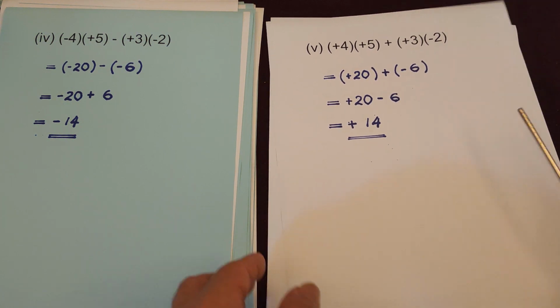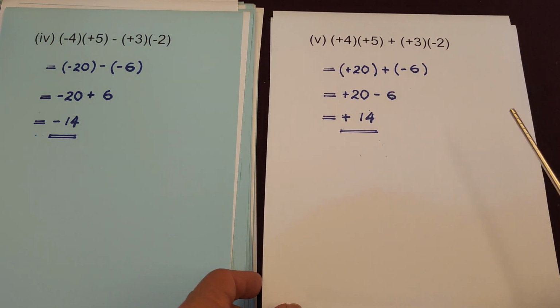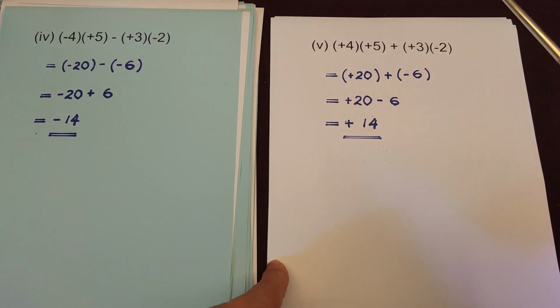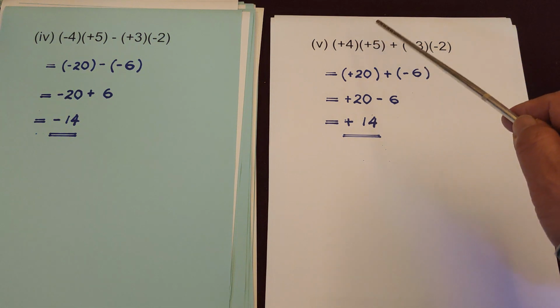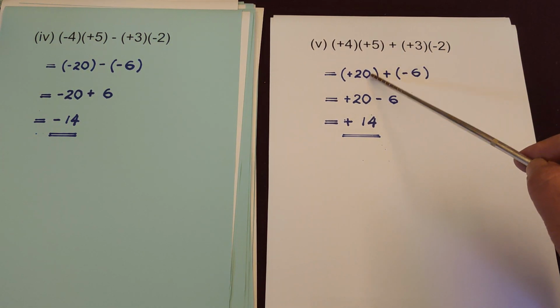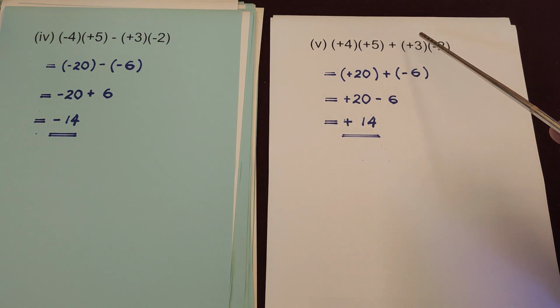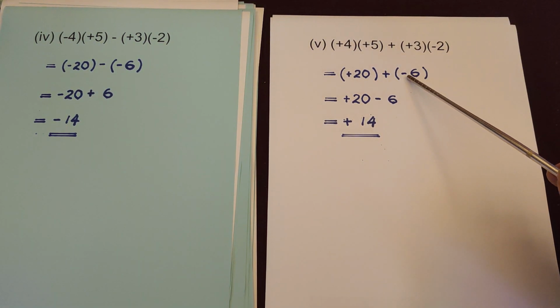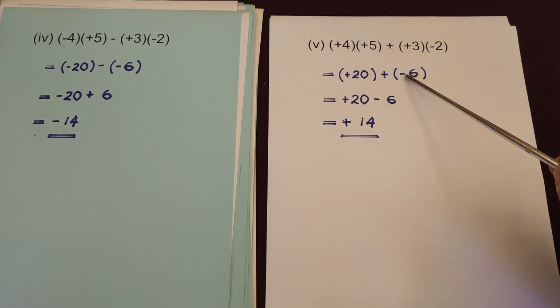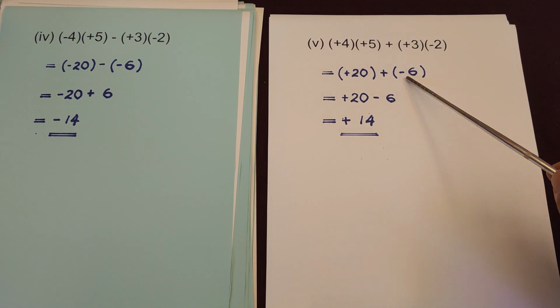Here we have, quite near the end, positive 4 times positive 5. We have the same sign, so we have a positive result, and the product is 20. And this one is one positive and one negative, so the two signs differ, and it becomes a negative result, and the product is 6. This one is also one positive and one negative.